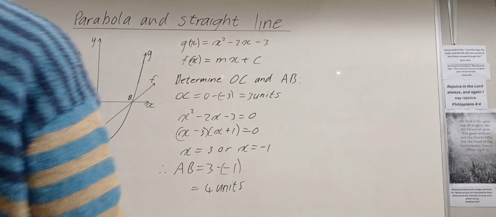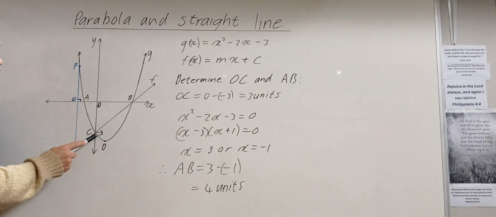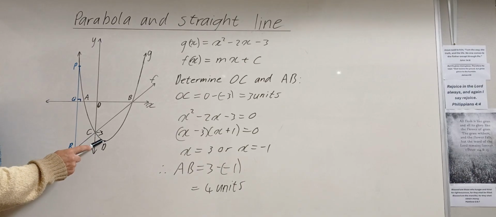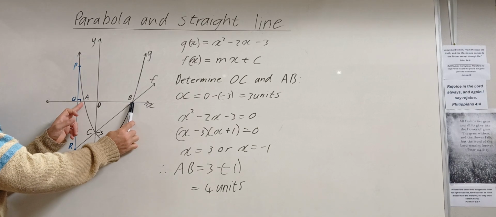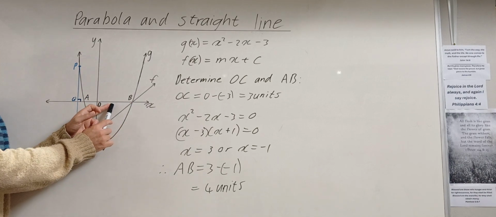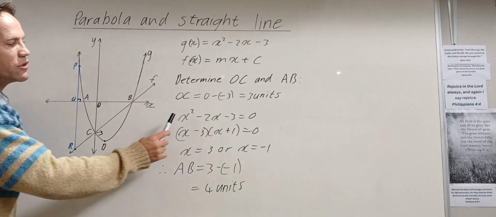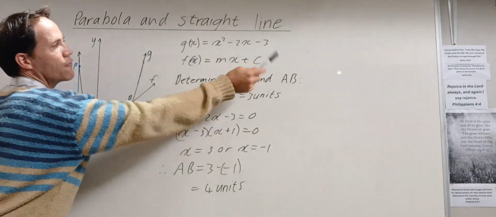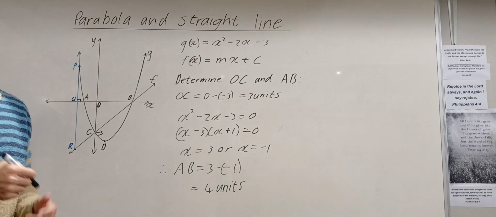Okay, so the next one is finding the turning point D. There's 2 options to find the turning point. You can either add the 2 x values and divide by 2, that you find in the middle, and you get the x value, and then you put that x value into the equation, and you find the y value. The other option is to use x equal to -b over 2a.